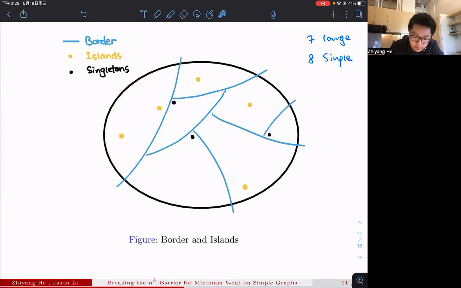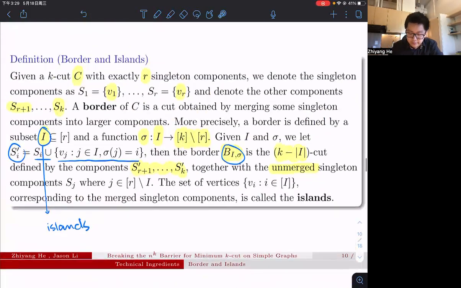In particular, the resulting border that we get is a 10-cut, because we merged 5 singletons into the large components. And the border is just seen by these blue lines and the black dots, which are the singletons that are unmerged. Hopefully this diagram provides a little bit of intuition for this definition.